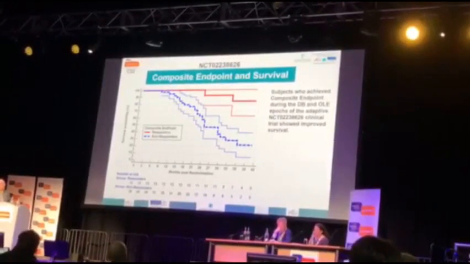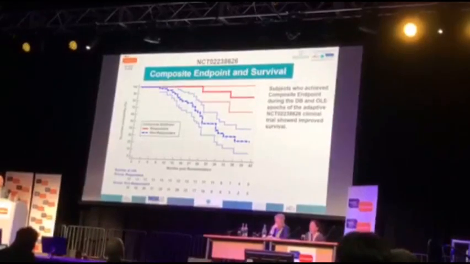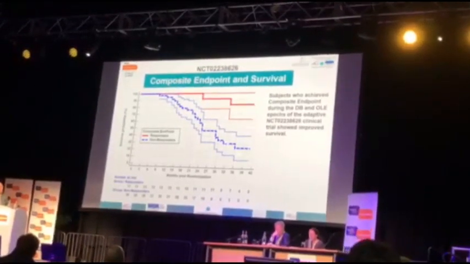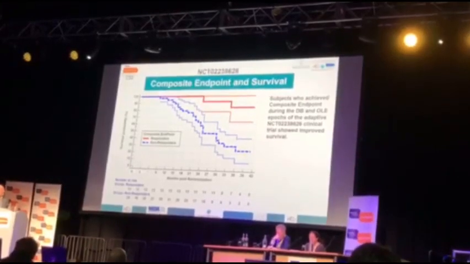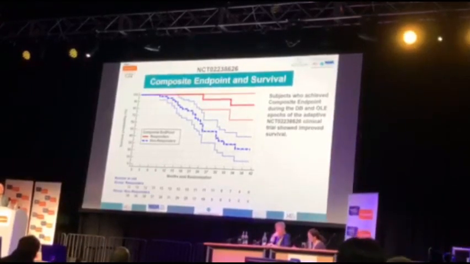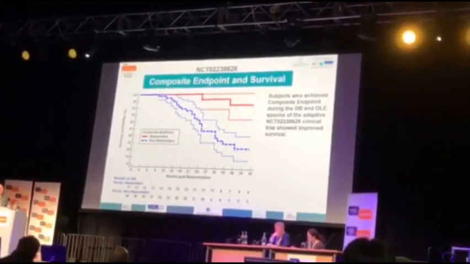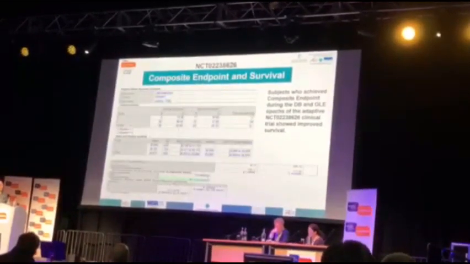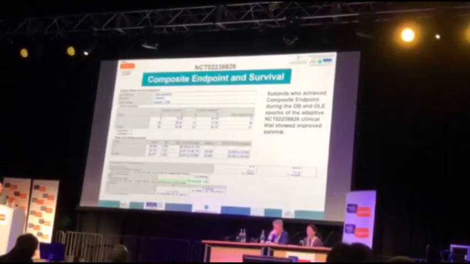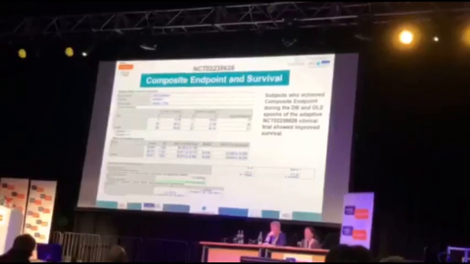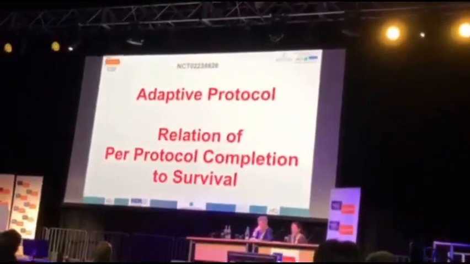And what we see here in the blue is the non-responders, their survival trajectory over time after they had been exposed to either 6 or 12 months of ibudilast. And then this is the responding group. So there was a statistically significant improvement in survival in those people who showed that response, and this will help us in planning our future studies with respect to this drug.